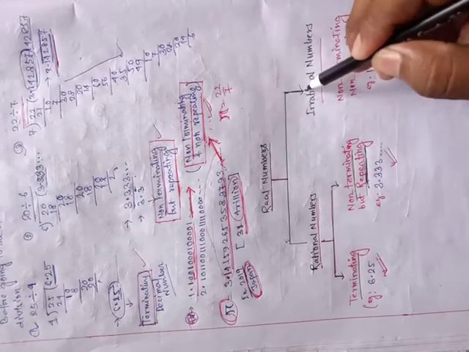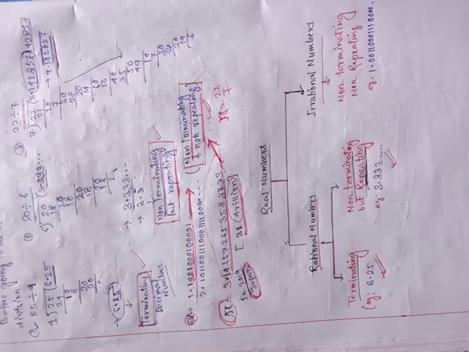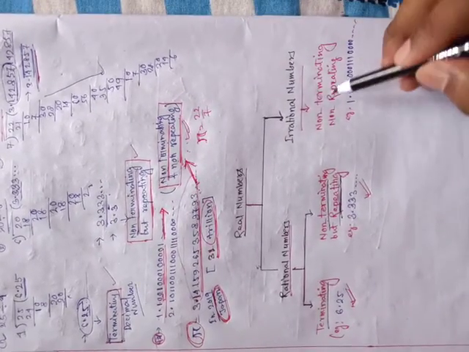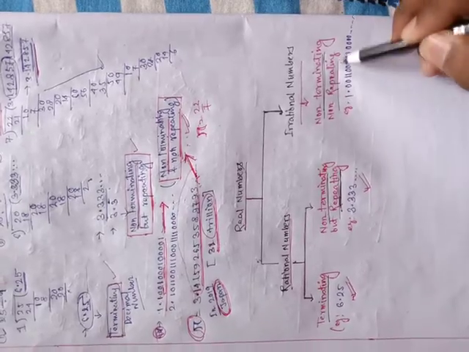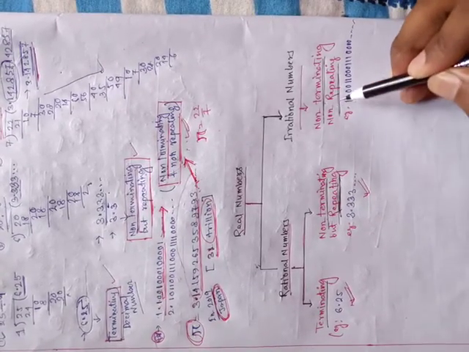Mind it. And an irrational number has one and only one type of decimal representation: non-terminating, non-repeating.